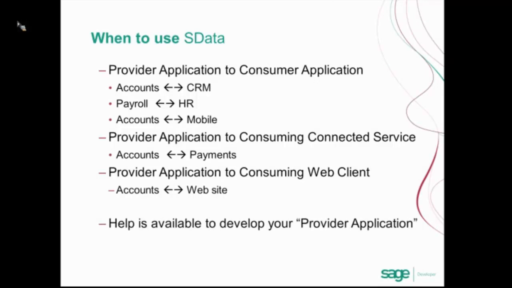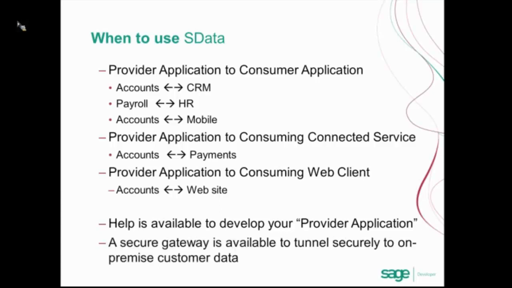Underpinning all of this is the need to make your application a provider application, and there is a separate video available that will tell you how to do that. The focus of today is to talk about the consumer application. In addition to all of this, and the subject of another video, is the Sage Secure Gateway.